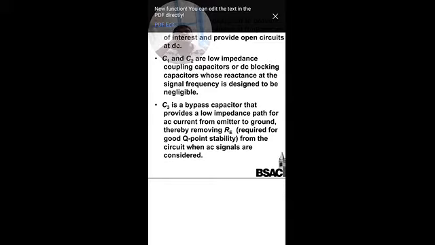So to avoid the negative feedback, the bypass capacitor bypasses the current, so it acts as a low impedance path for the AC current from emitter to ground.